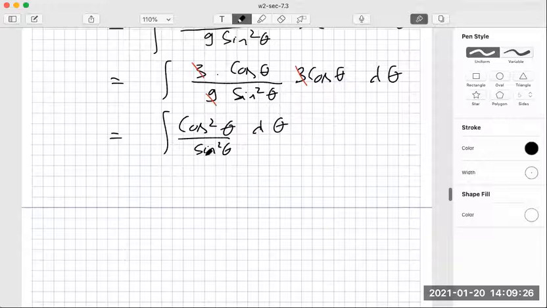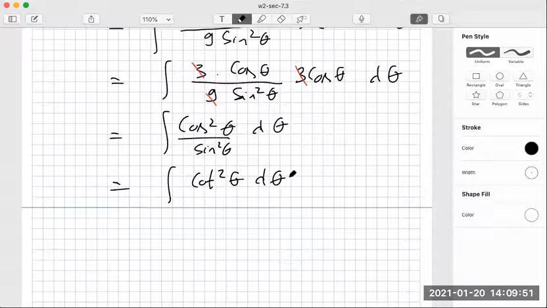Cosine square over sine square is cotangent square, d theta. Look at the table I gave you. Do we have any formula for this, and what is it?